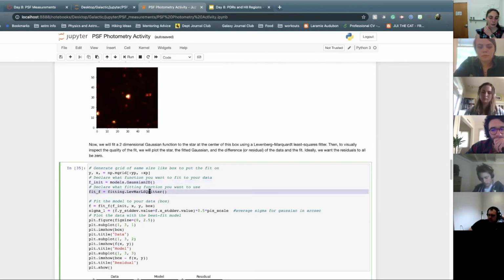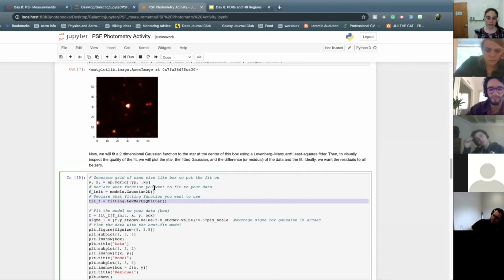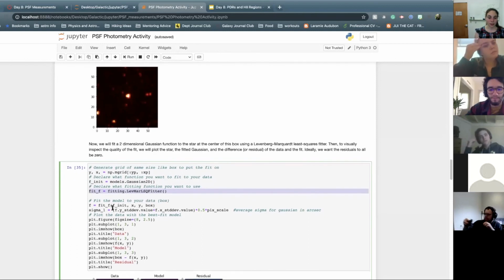And then we're going to say we want to use a Levenberg-Marquardt least squares fitter. That's the Lev-Mark least squares fitter. It's a type of line fitting, except we're working in 2 dimensions. Understanding exactly what that is is not important. Just know that we're fitting using this specific function.